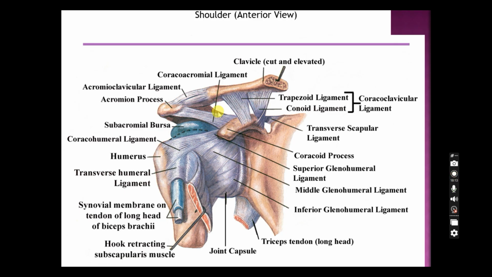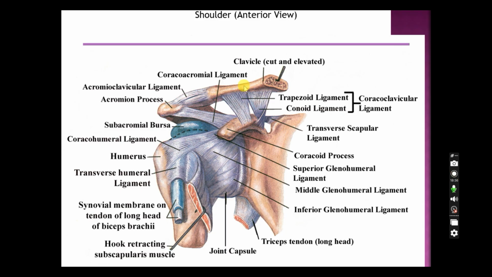Okay, this is the acromion process. This is the lateral end of the clavicle. Here we have a synovial joint called the acromioclavicular joint, which is a plane synovial joint that allows movement of the clavicle during movement of the shoulder girdle.